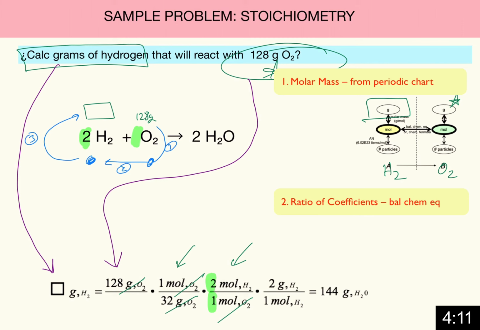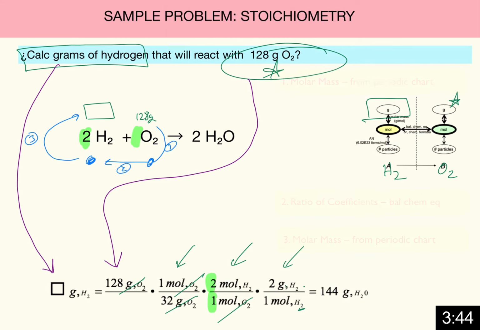This time I need one that will get me across this bridge from moles of H2 to grams of H2. Oh, I know what that's called. Atomic weight, molar mass. Where do I get it? Same place I get that every time, from the periodic chart. When I look on my periodic chart, I will see that 1 mole of H2 weighs 2 grams. Remember, 1 mole of H weighs 1 gram, but 1 mole of H2 must weigh 2 grams.